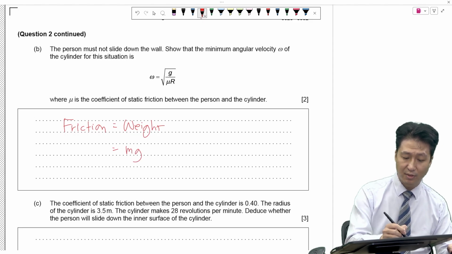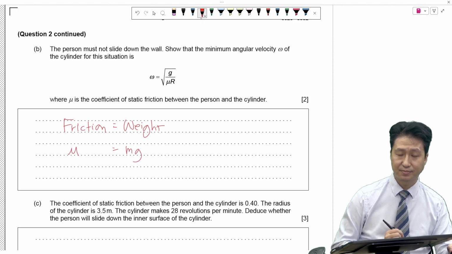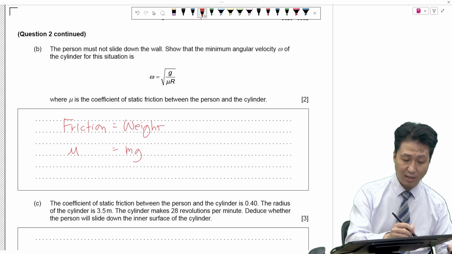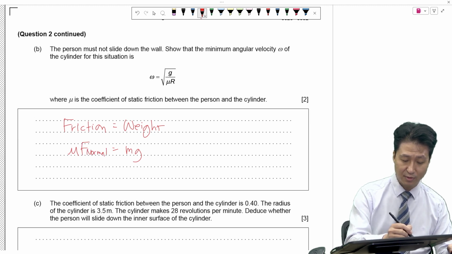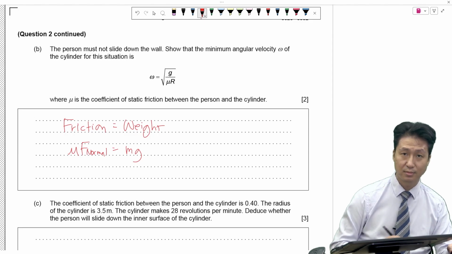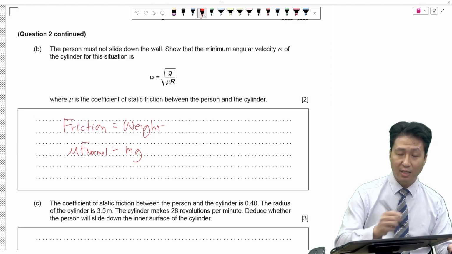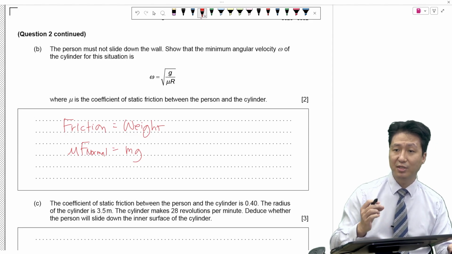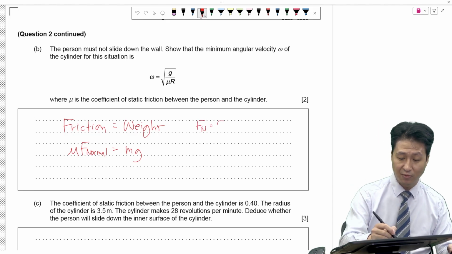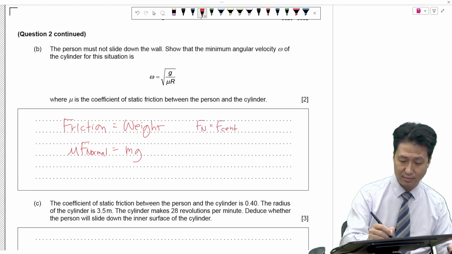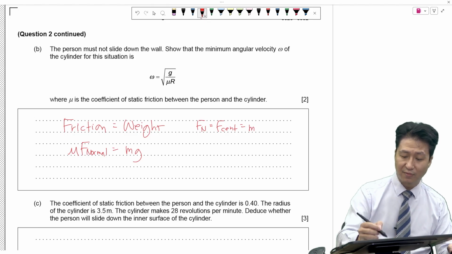This weight is, of course, mass times gravitational acceleration, and the force of friction is the coefficient of static friction times the normal force. In this case, the normal force has to be the force that is required to keep the person moving in a circular path, which means that the normal force will equal the centripetal force. In terms of angular velocity, this would be mass times angular velocity squared times the radius r.